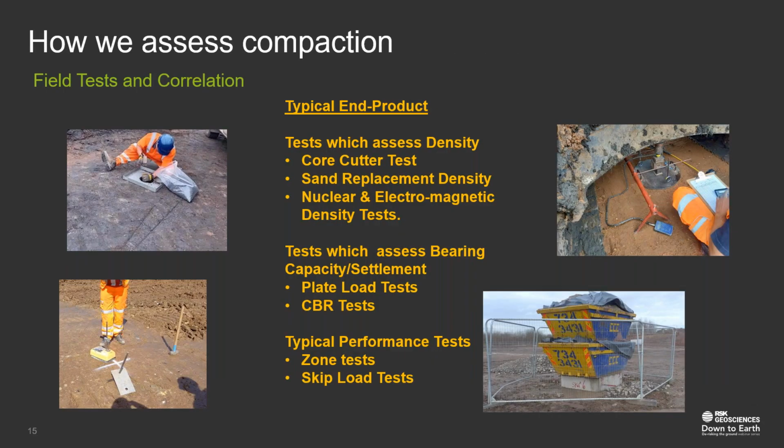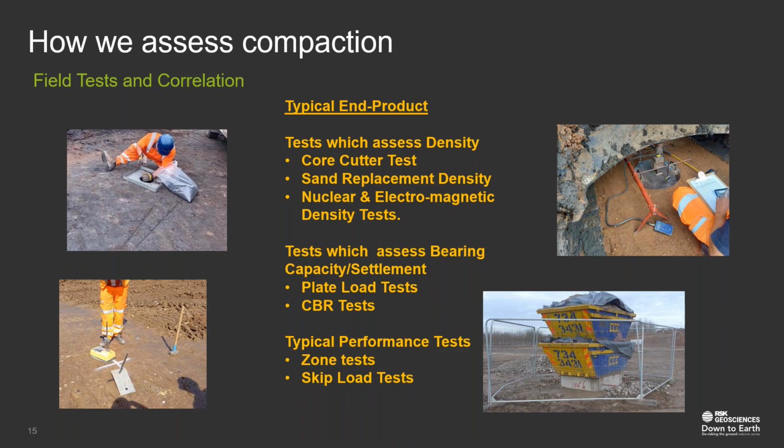So how do we assess compaction? Most projects will require some form of end product testing, and there are really two forms of tests: those which assess density and those which assess bearing capacity and settlement. The former are core cutter tests, replacement densities, and nuclear and electromagnetic density tests.